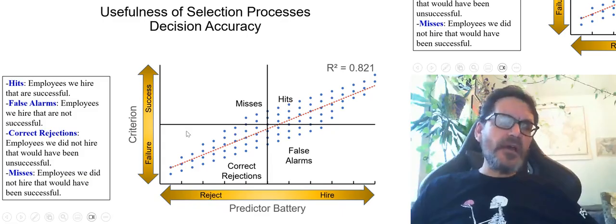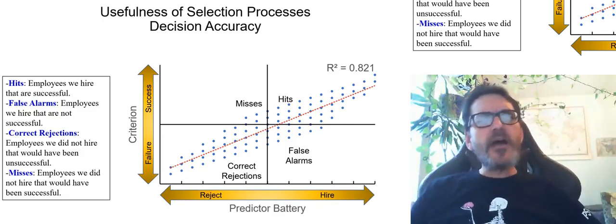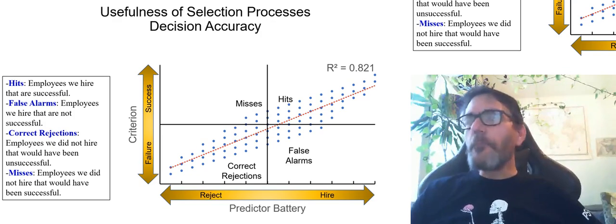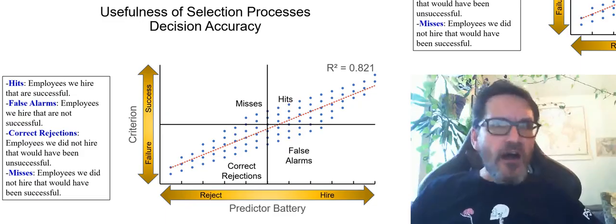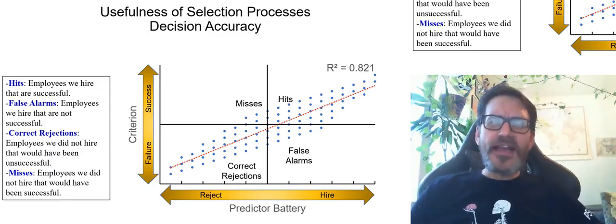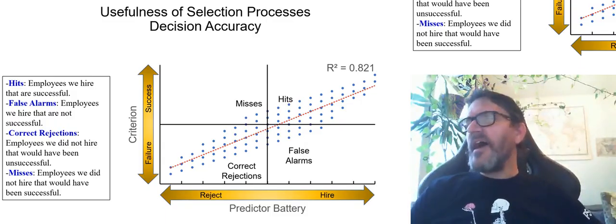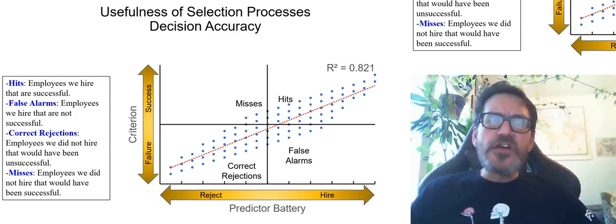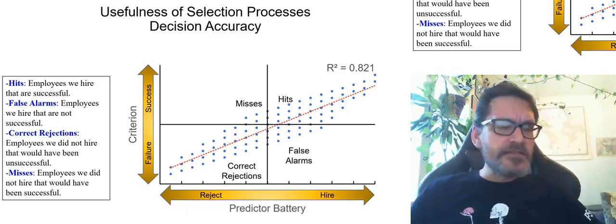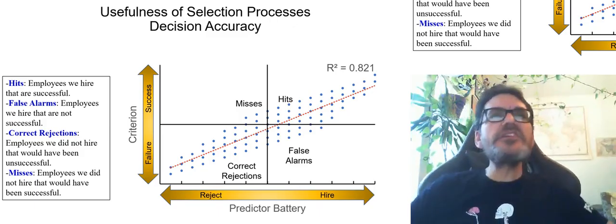On the y-axis, we have the criterion, and the criterion is always, well, not always, be careful, but in IO psychology, the criterion is almost always job performance or some version of job performance, because later on, we're going to find all kinds of ways that job performance is quantified, including number of units produced, but also in terms of counterproductive work behaviors.